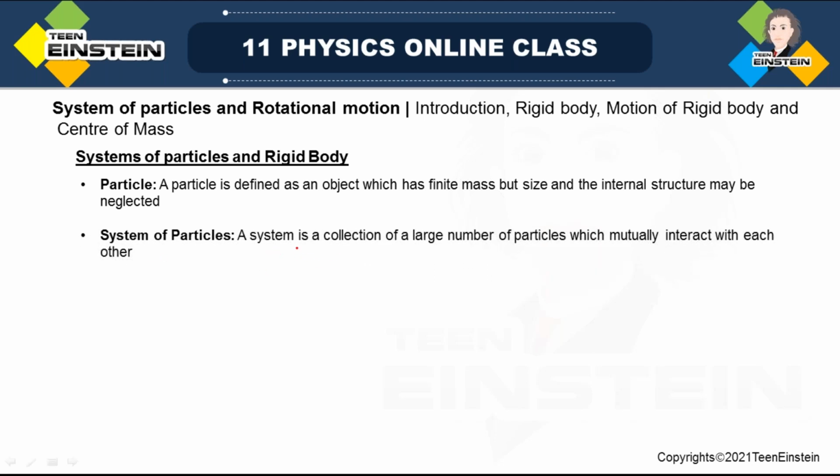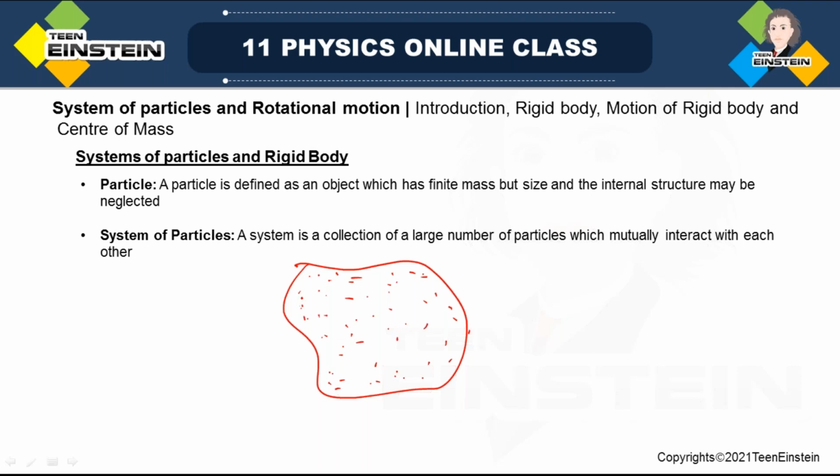A system of particles is composed of a large number of particles. So suppose you have an extended object, you may have a large number of particles constituting this extended object.